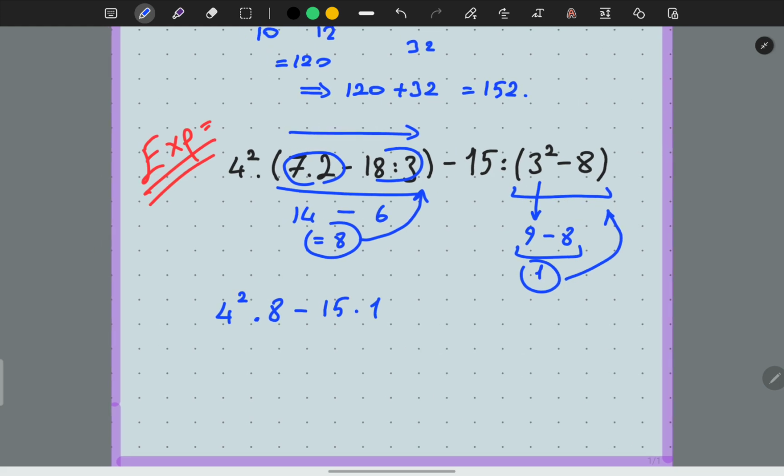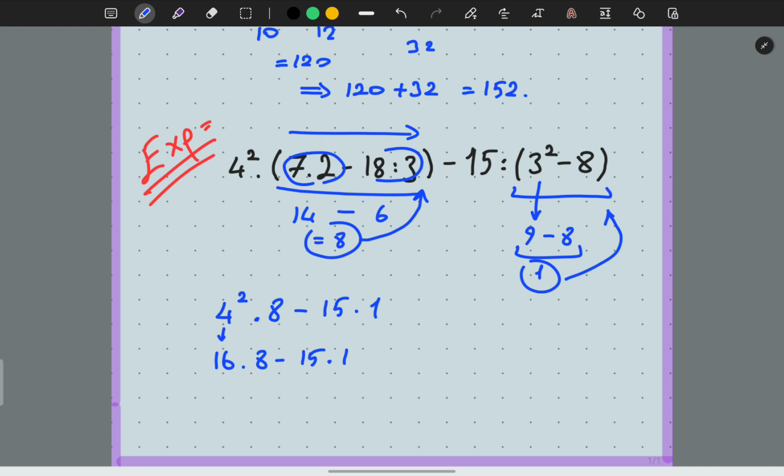So we have passed the first step. We have an exponential 4 squared, and we will write the natural number expression of it, which is 16. And we're going to write the equation from the start. 16 times 8 minus 15 times 1. So now we have the third step, the multiplication and division.